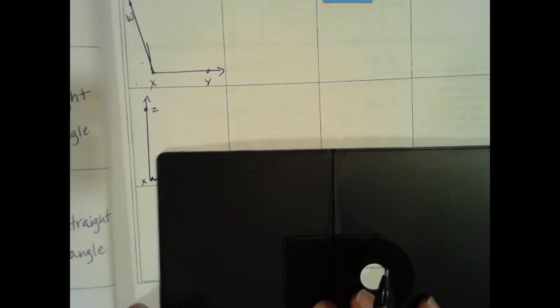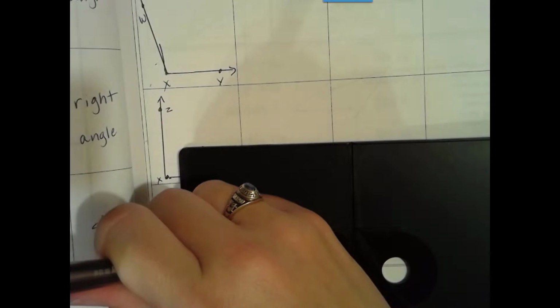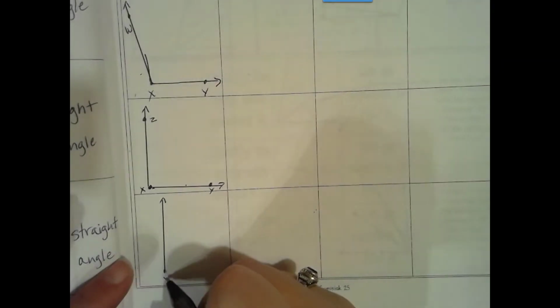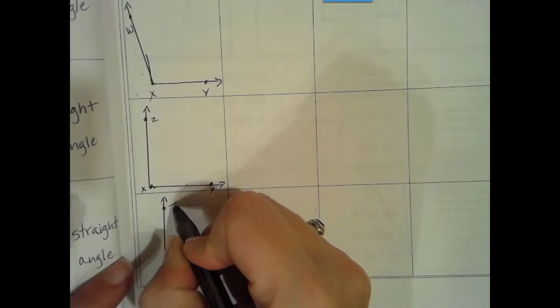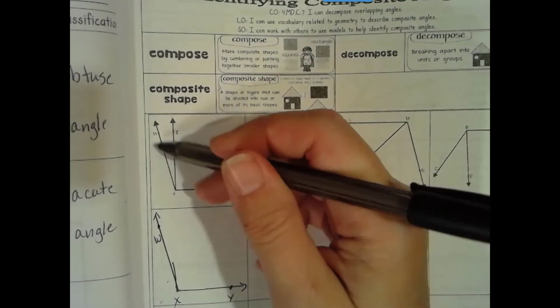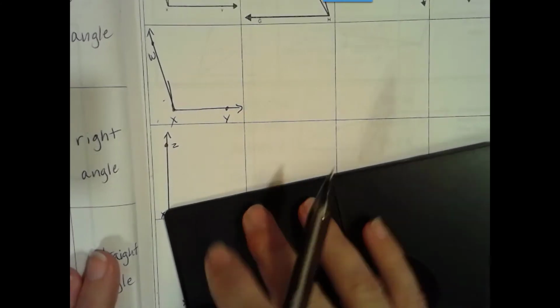Okay, so this one mainly goes up. So this ray is X, Z. And then we need this part that goes off at an angle to make that acute angle. It doesn't have to be the exact measure.